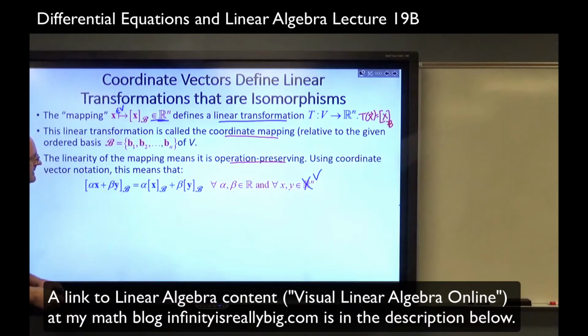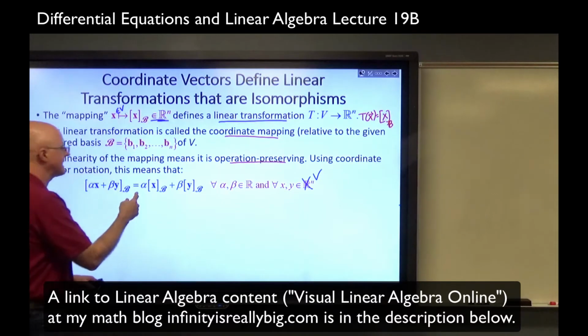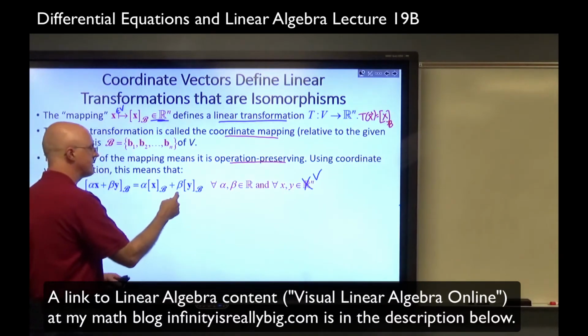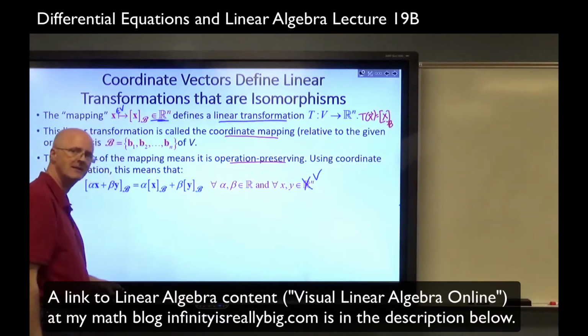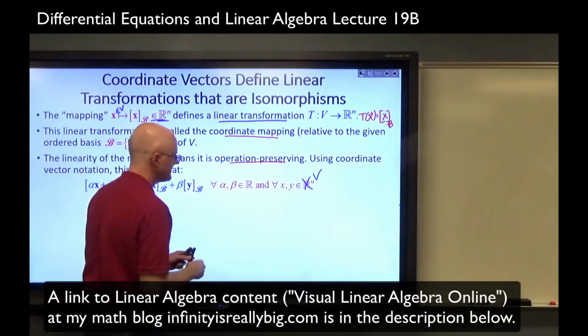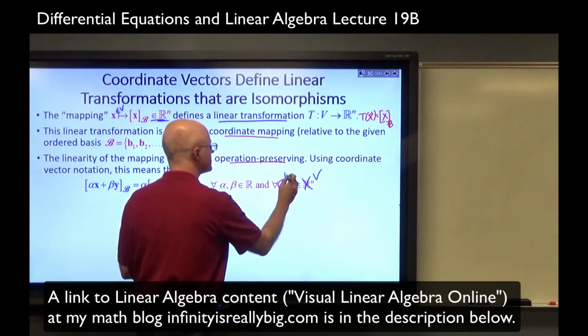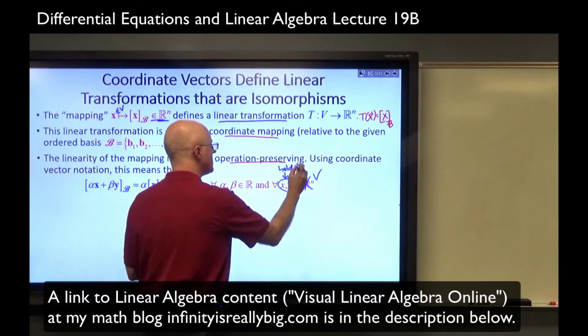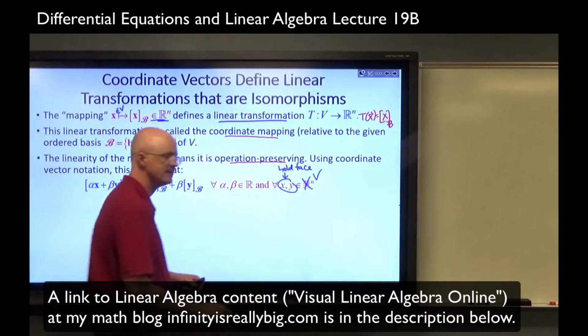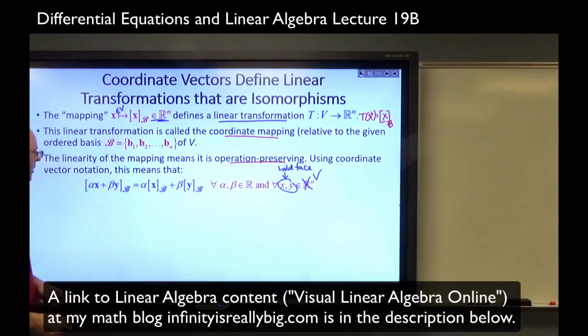Okay? This is like T of alpha x plus beta y. This is like alpha times T of x. This is like beta times T of y, and you're adding. Yeah, that's a typo. Oh, these should be bold-faced. Pretend those are bold-faced.